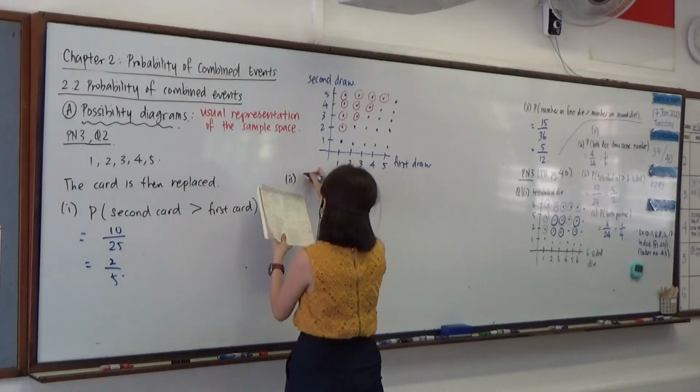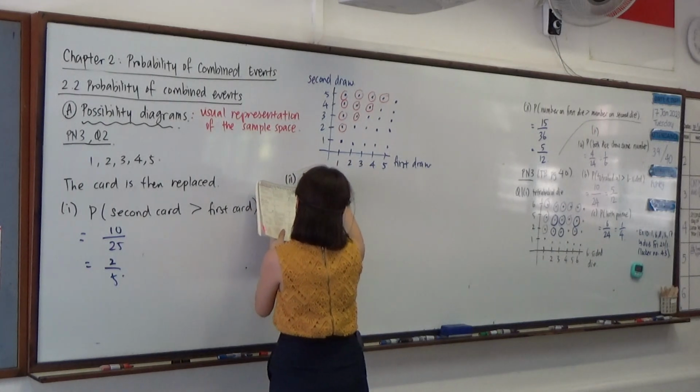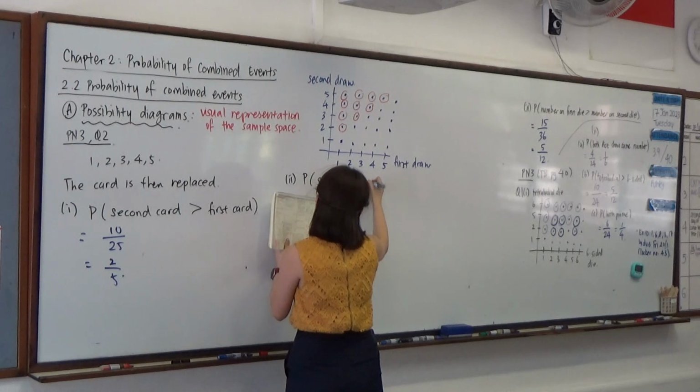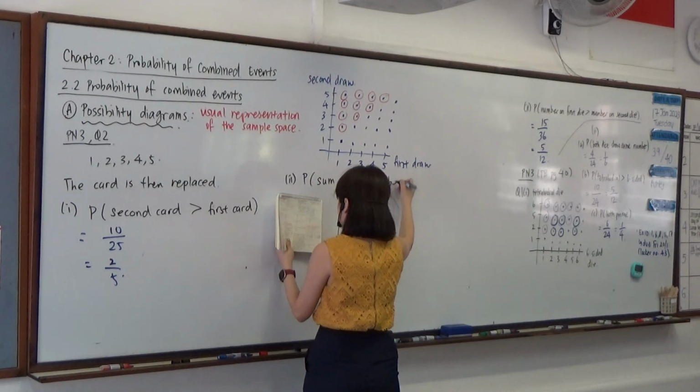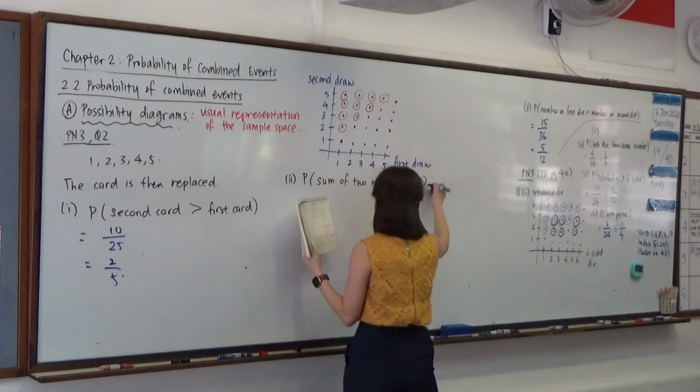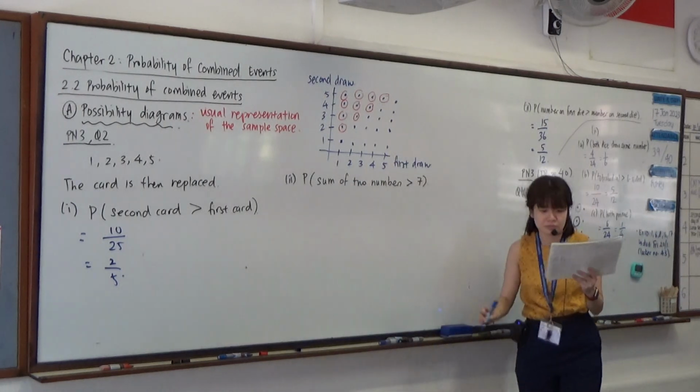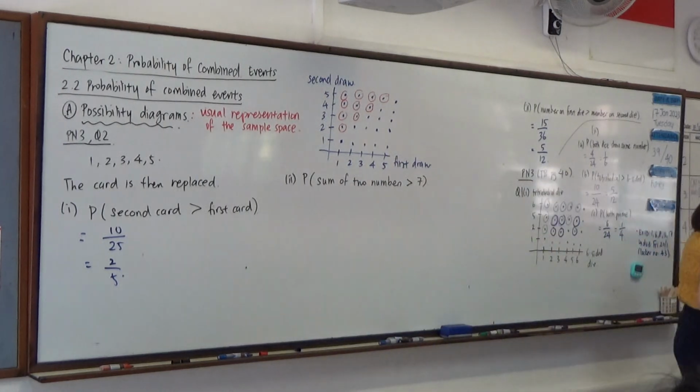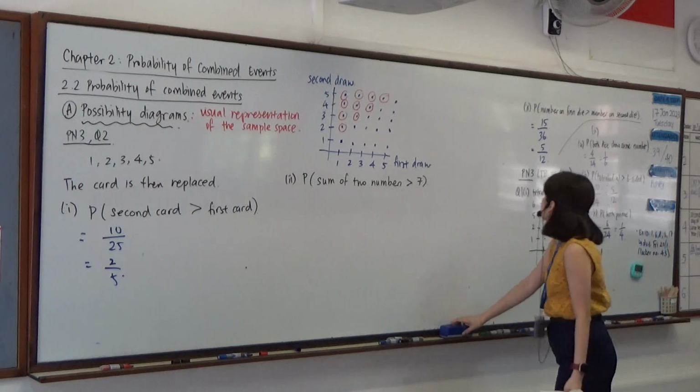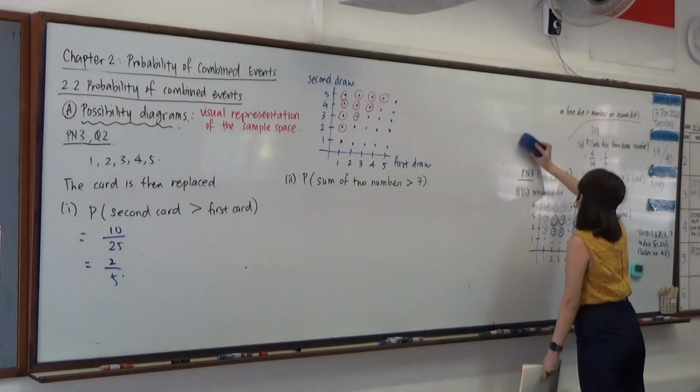Part 2 says that we want to find the probability that the sum of the 2 numbers is greater than 7. Okay? And then maybe also just write them down, part 3. Okay? Let's write it out here.